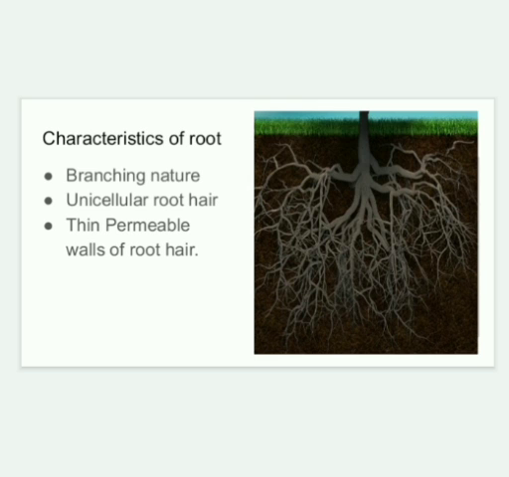So these root hairs are very important for the absorption of water, and in the root hairs a thin cell wall is present, with absence of cuticle, and this nature allows free movement of dissolved substances in and out of the cell. So these are the characteristics of root which make them suitable for absorbing water and minerals.